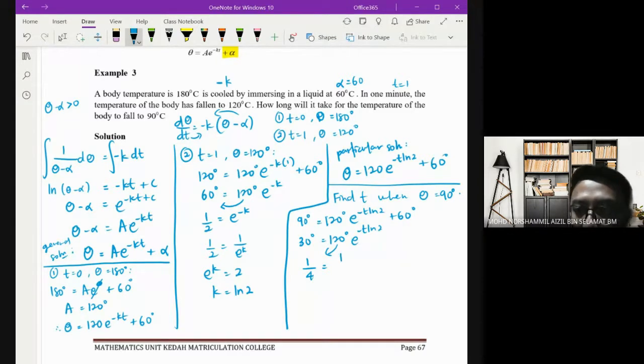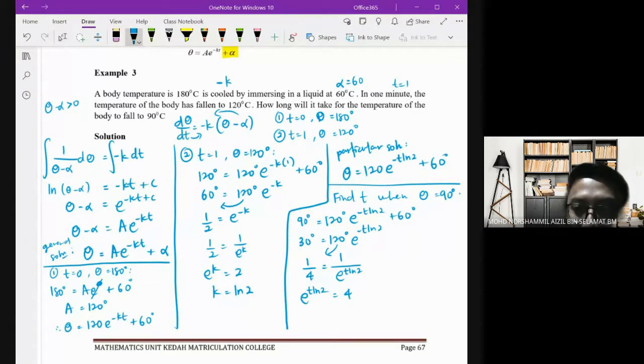So becomes 1 over exponential T ln 2. Is that okay? Because I want to make sure the power becomes positive. So now we can cross it. Exponential T ln 2 is actually 4.